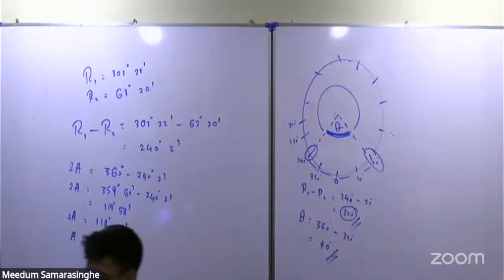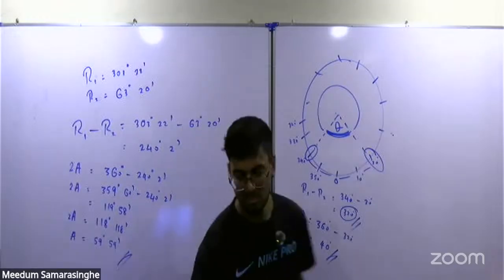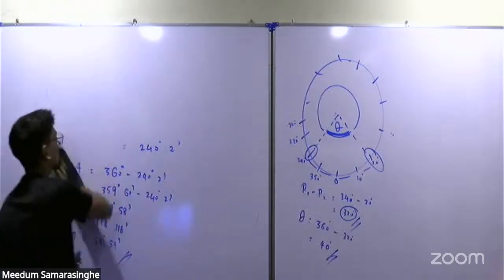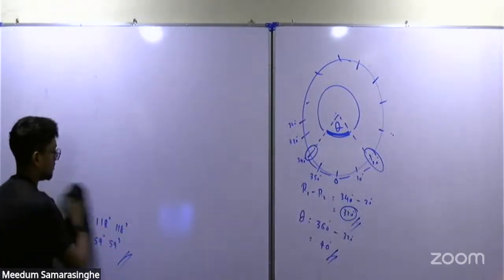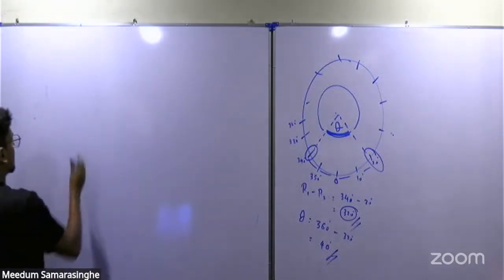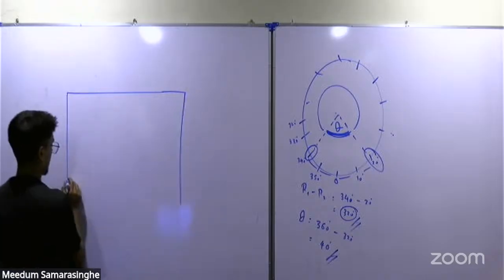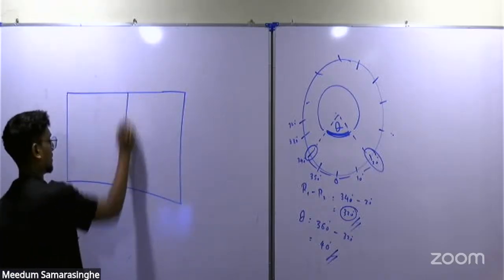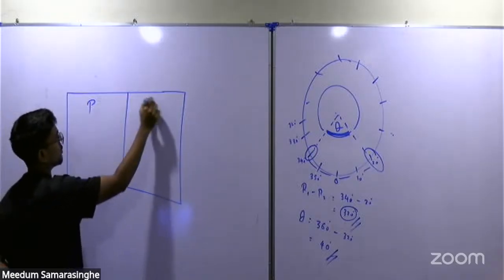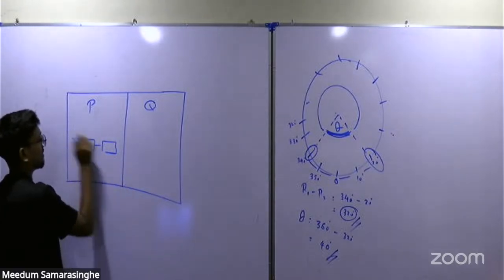Now, there is a person. The person wearing spectacles has observed this phenomenon. Let's say this is room P, this is room Q, and this is the spectacle.